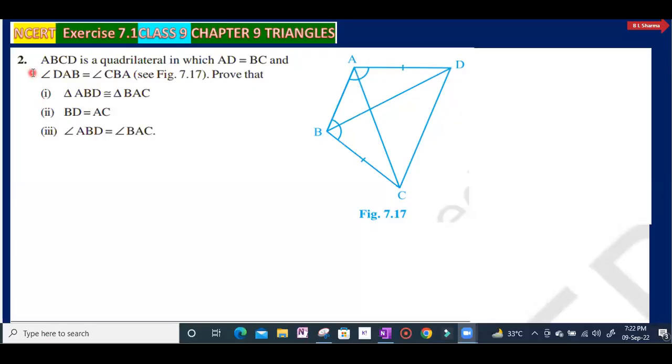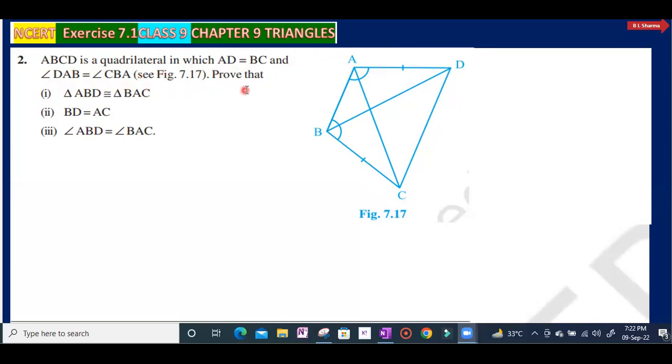Question number 2 of exercise 7.1. ABCD is a quadrilateral in which AD is equal to BC. It is also given that angle DAB is equal to angle CBA.